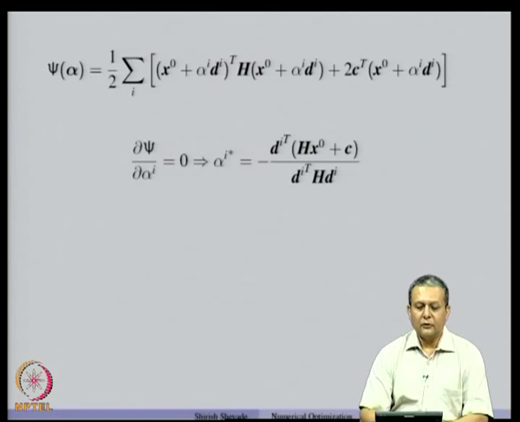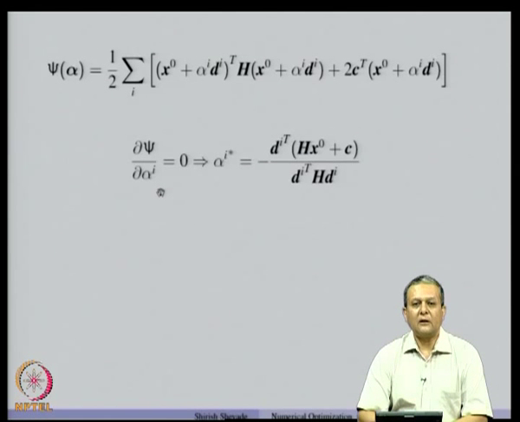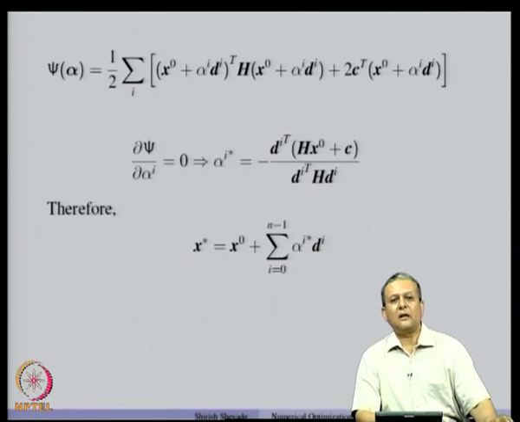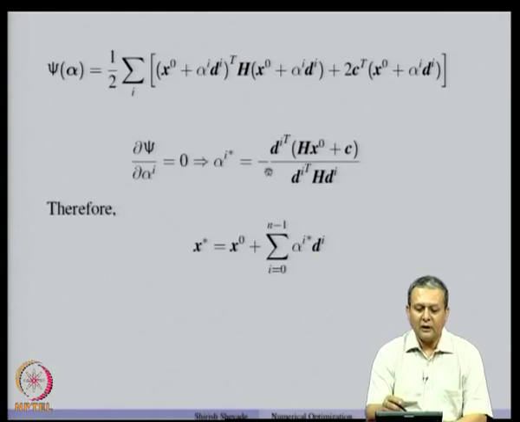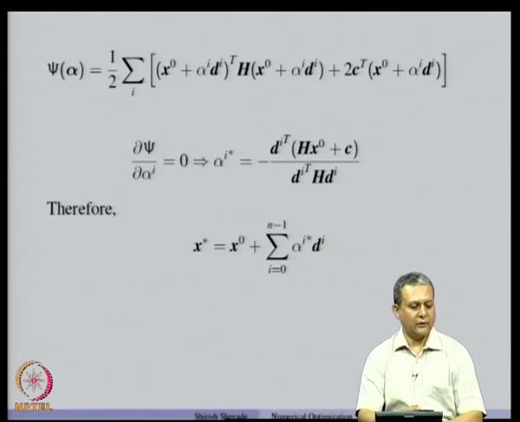So, if we do it for all alphas, we will get alpha 0 star to alpha n minus 1 star, and then we can get x star by plugging in those alpha stars in this formula. So, computation of x star becomes very easy in this way, provided we ensure that d i transpose H d j is equal to 0.